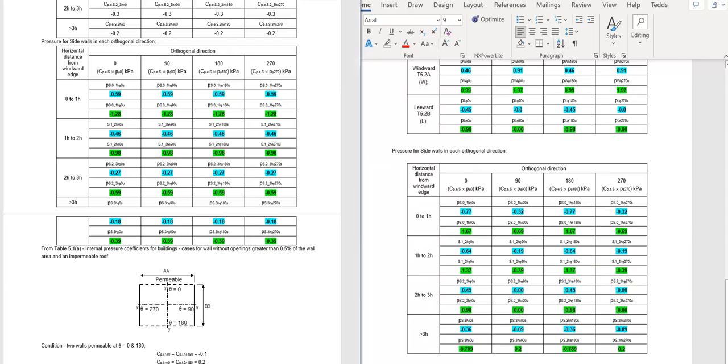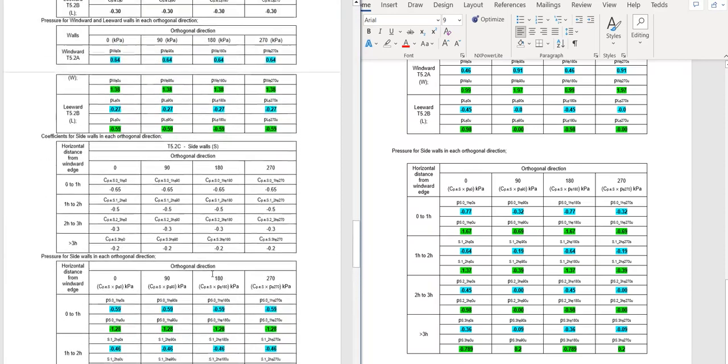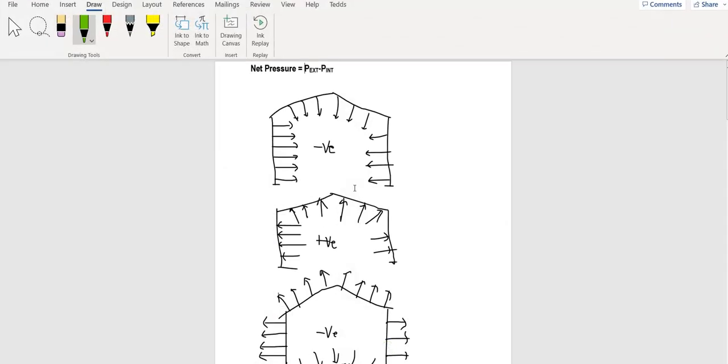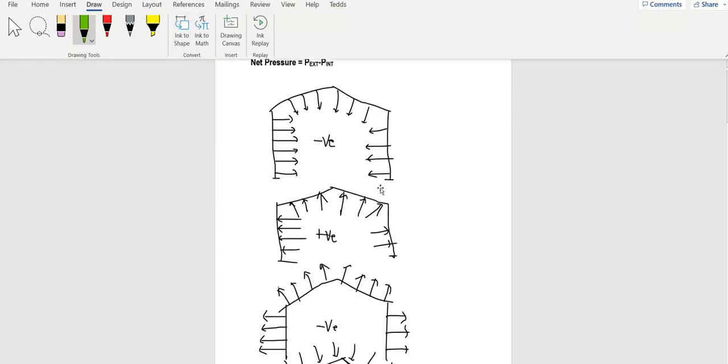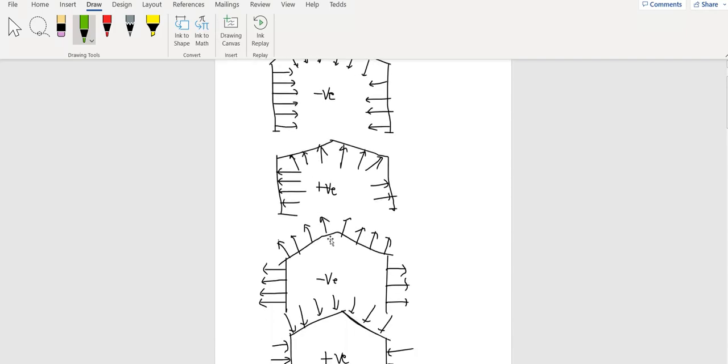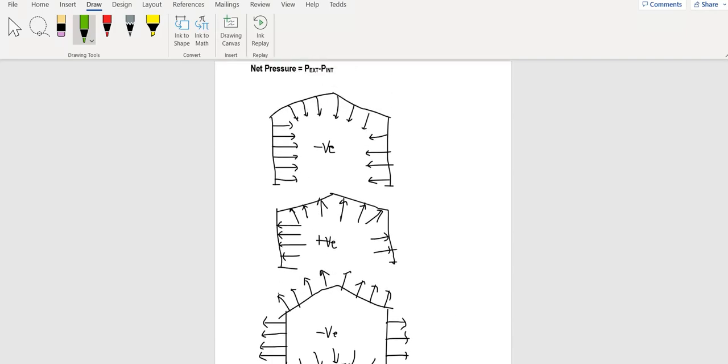So to get the net pressure on a surface of a structure, this is the formula: net pressure is equal to P external minus P internal. As you can see in this diagram, this is the portal frame.